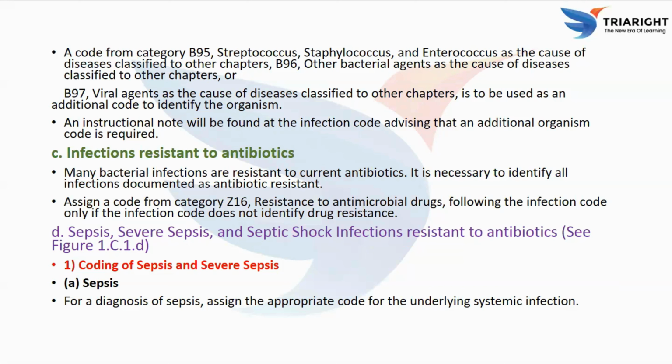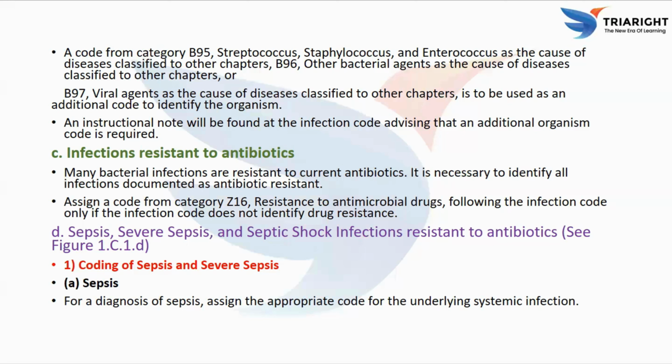These codes cannot be used alone, so they are added to the main infection code. For example, pneumonia due to Staphylococcus aureus: you assign the code J15.2 for pneumonia due to Staphylococcus and B95.6 for Staphylococcus aureus as an additional code.